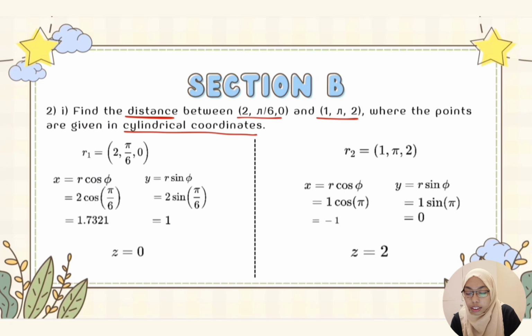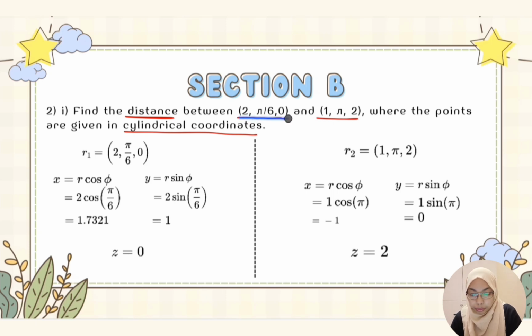Section B. Find the distance between (2, pi over 6, 0) and (1, pi, 2) where the points are given in cylindrical coordinates. These coordinates are given in rho, phi and z. When we need to find the distance, we need to change the cylindrical coordinates to Cartesian coordinates, which is x, y, z.